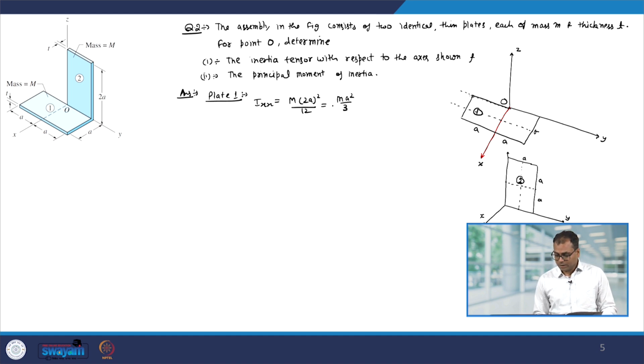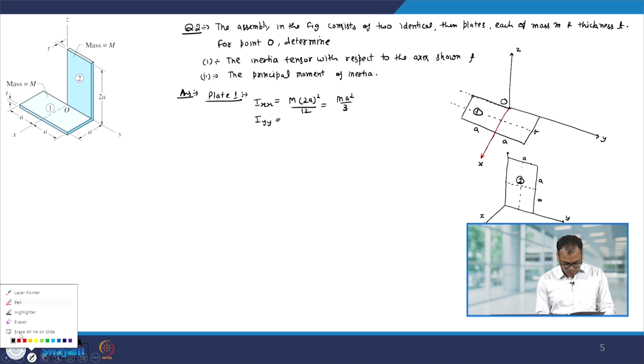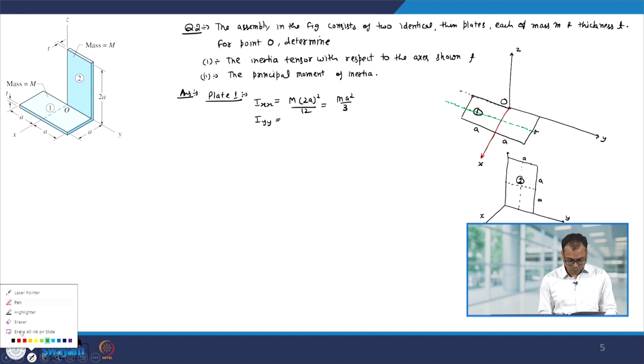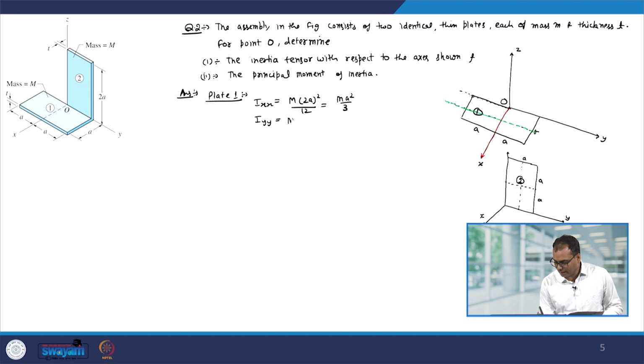The moment of inertia of the first plate about the y axis, which is this, will be equal to the moment of inertia about this axis plus m into h squared. I am just using the parallel axis theorem. So, that will be equal to ma² divided by 12.